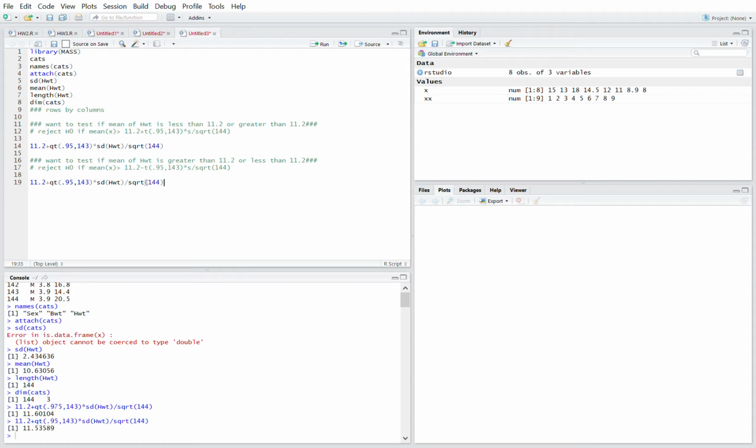What is the mean? 10.63, correct? So I don't want the mean, I want the mean of HW. Okay, so 10.63 is less than 10.864. So what am I going to do on this hypothesis? Under this one, I'd reject this and accept that, right? That makes sense? Okay, cool.